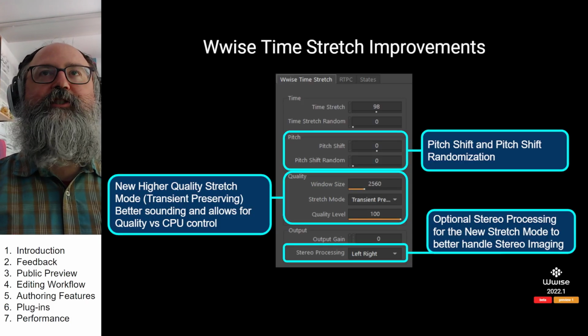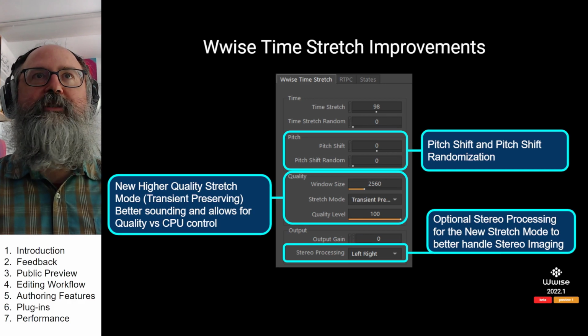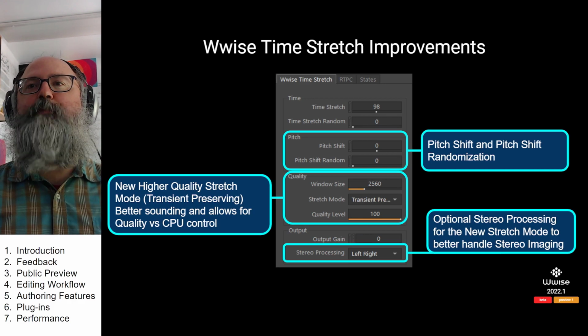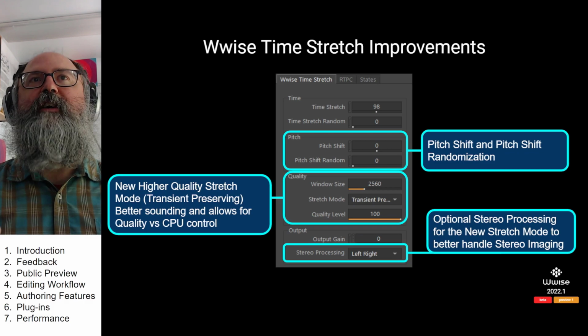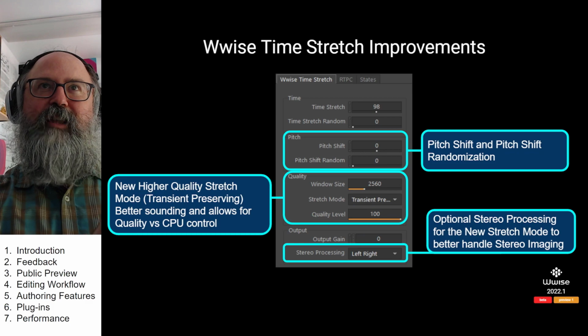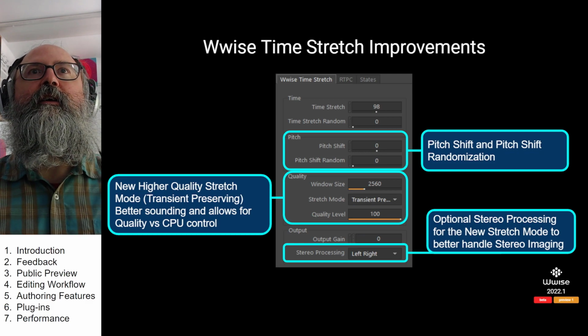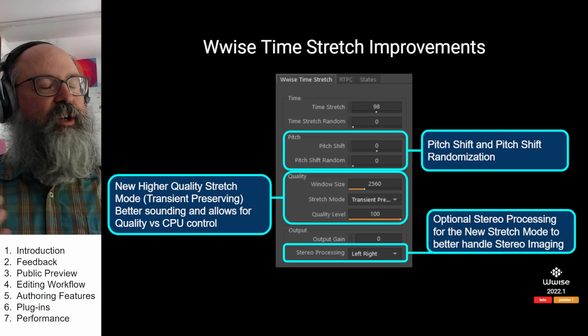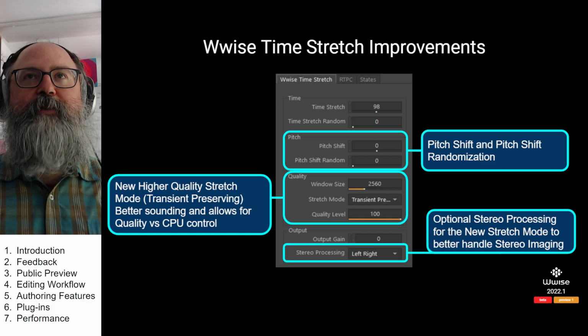The time stretch in Wwise has gotten some improvements. We got a new higher quality stretch mode that preserves the transients. It's better sounding, and allows us to give you a slider for quality, pitch shift, and pitch shift randomization.